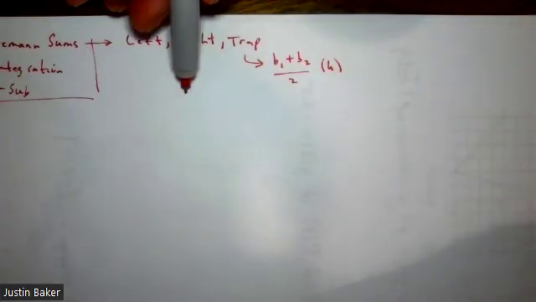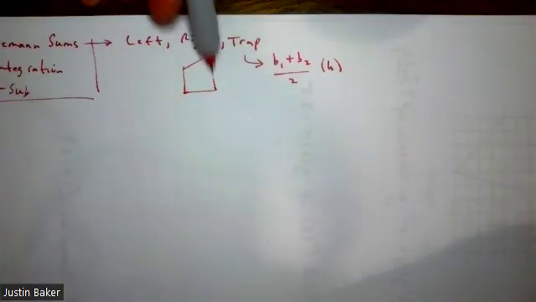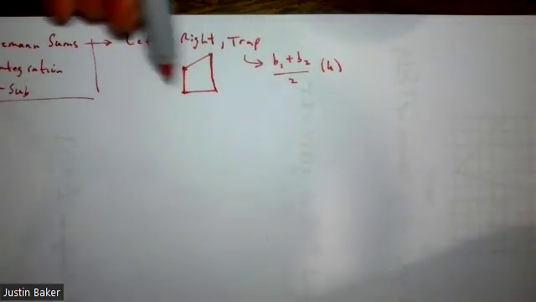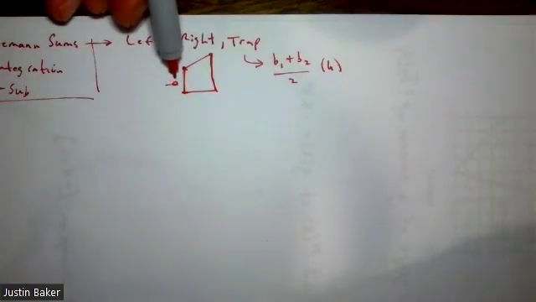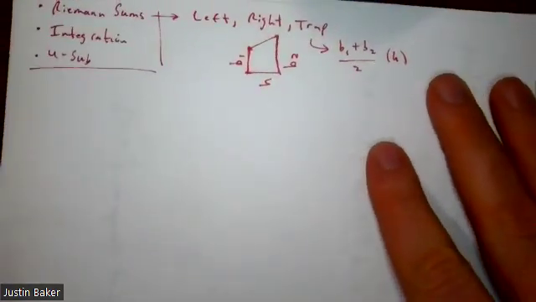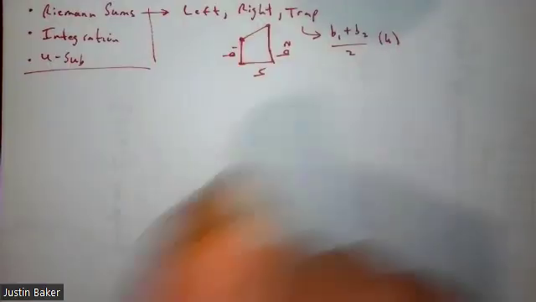And as a reminder, when you're looking at a trapezoid, this is base one, this is base two, and this is the height. Remember, I told you to kind of turn your head sideways so that those pieces make sense the way you look at them. So the three pieces are base one, base two, and the height.